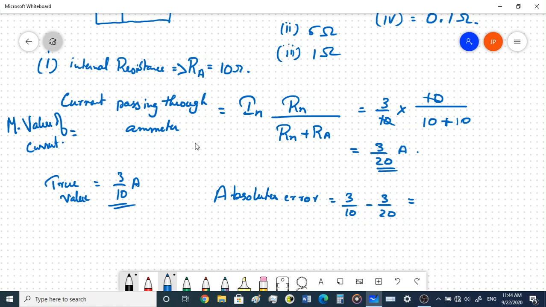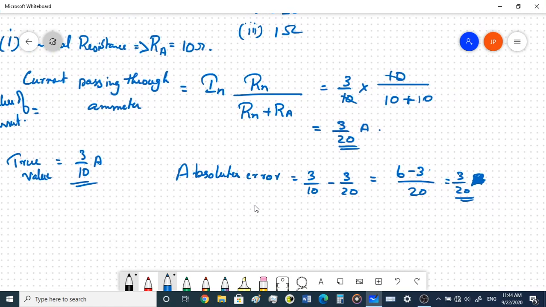We'll take the LCM, so 6 minus 3 by 20 or 3 by 20 amperes would be the error. Since it's an error, we're not going to put any unit, but we are finding the error in the current, so it's up to you. You can put it as 3 by 20 amperes is the error.